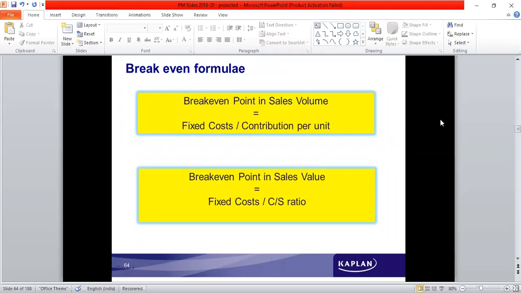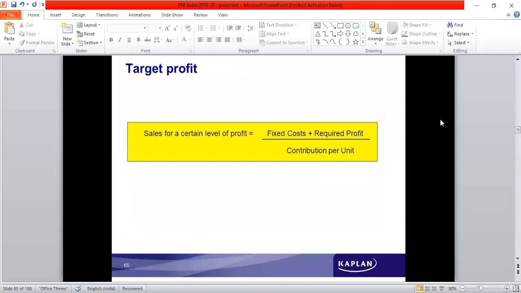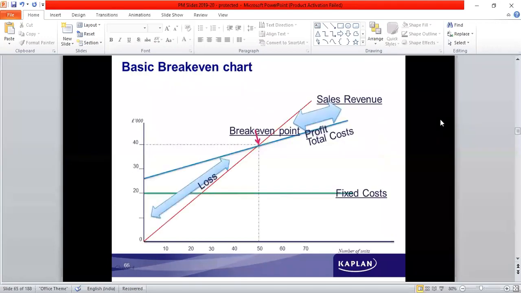Break-even point in sales volume is fixed cost divided by contribution per unit, because we are calculating the number of units. If it is the sales value, the contribution expressed as a percentage of sales is in the denominator. Then target profit for a sales level: any level other than the break-even point has a profit or a loss.